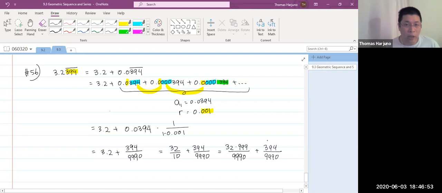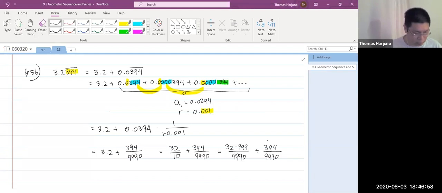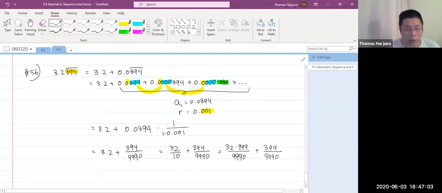Okay, my calculator: 32 times 999 plus 394. I get 32362 over 9,990. I think they are both multiples of 2. So 16181 over 9,990 divided by 2, which is 4,995.